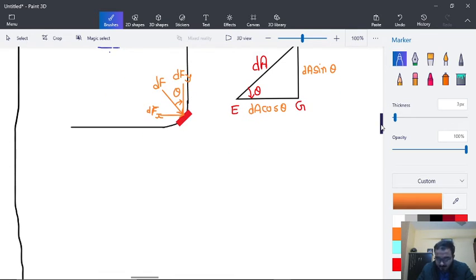So now let's begin. So here the curved surface part is from here A to B, let's say. This is the curved part, curved surface AB submerged in a static fluid. So this is the small area dA that we have currently focused.